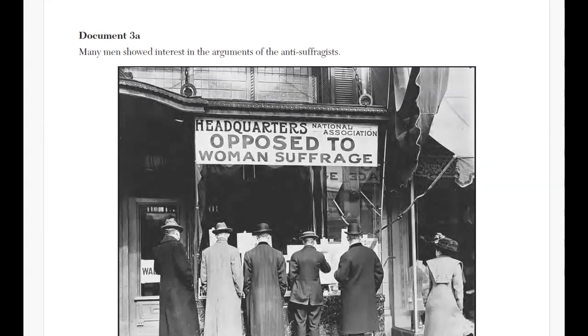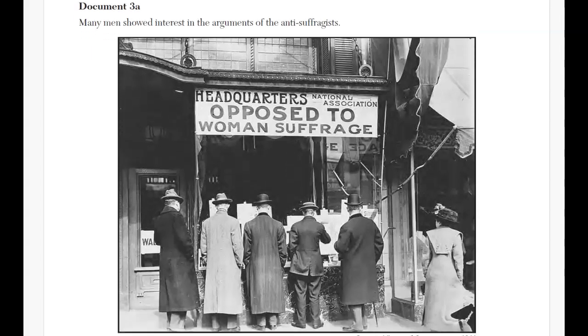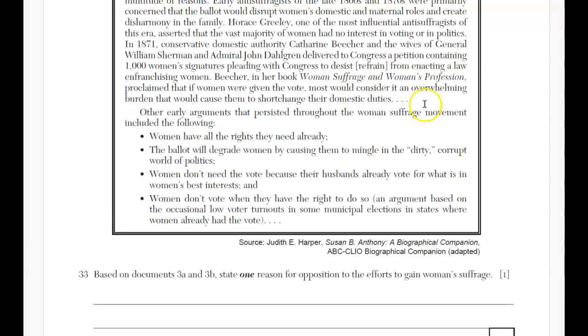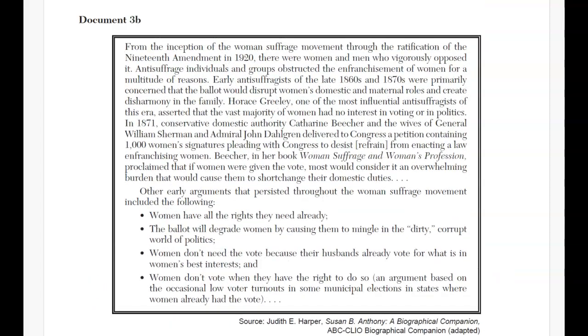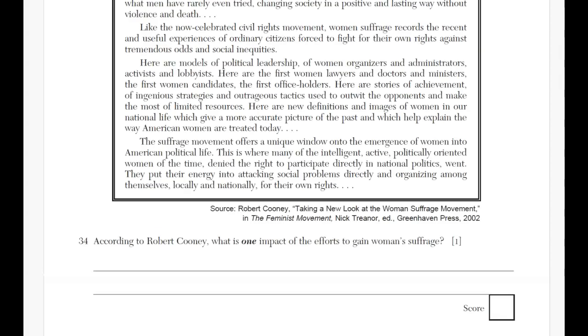You can also talk about other groups who address the issue. It doesn't have to be that they supported it, also addressing the issue. So this is a second, at least, group, are those opposed to women's suffrage, and you can talk about what they did from document 3A and 3B. So now you've got two groups involved, you've covered that.